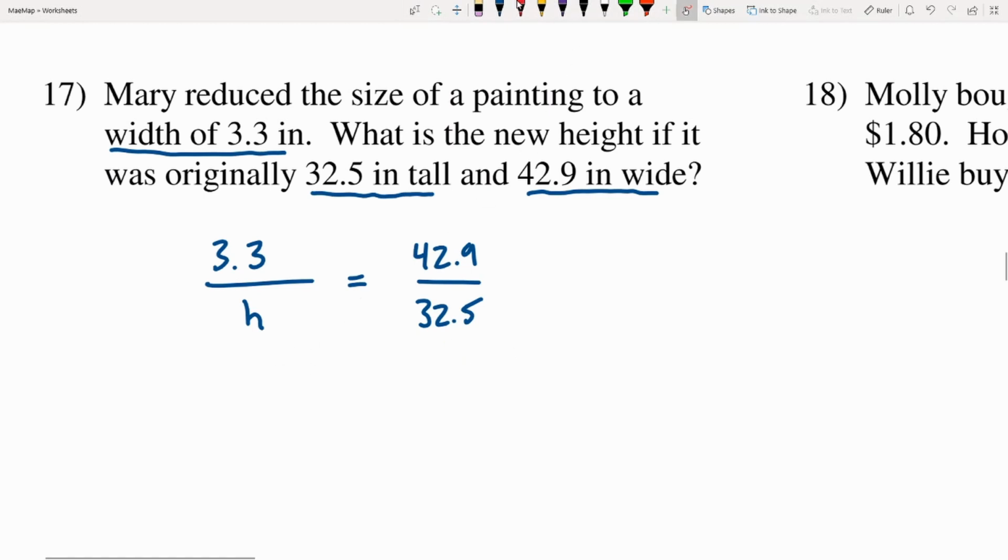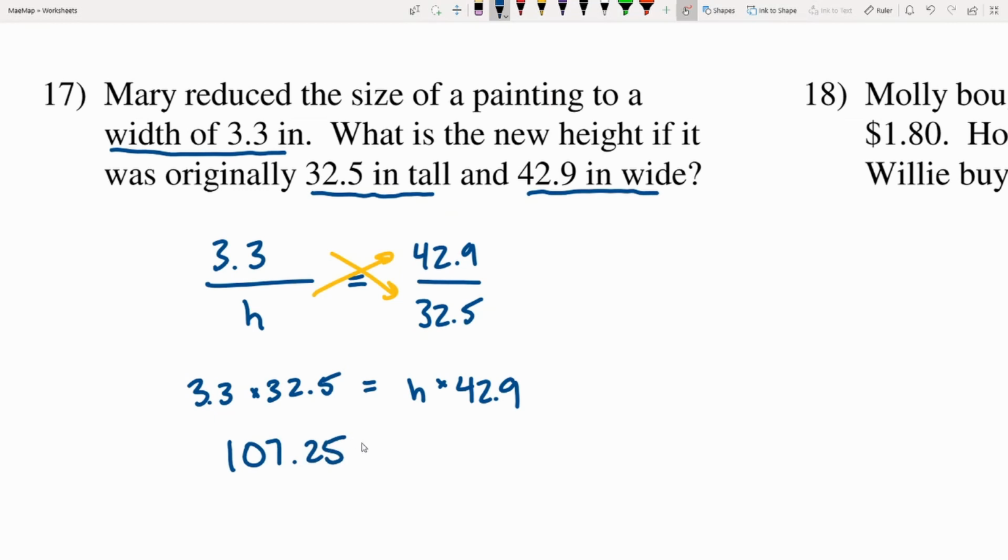Now what I got to do is cross multiply. So 3.3 times 32.5 is going to be equivalent to H times 42.9. So doing this out on my calculator, when I do 3.3 times 32.5, I get 107.25. And that's going to be equal to H times 42.9.